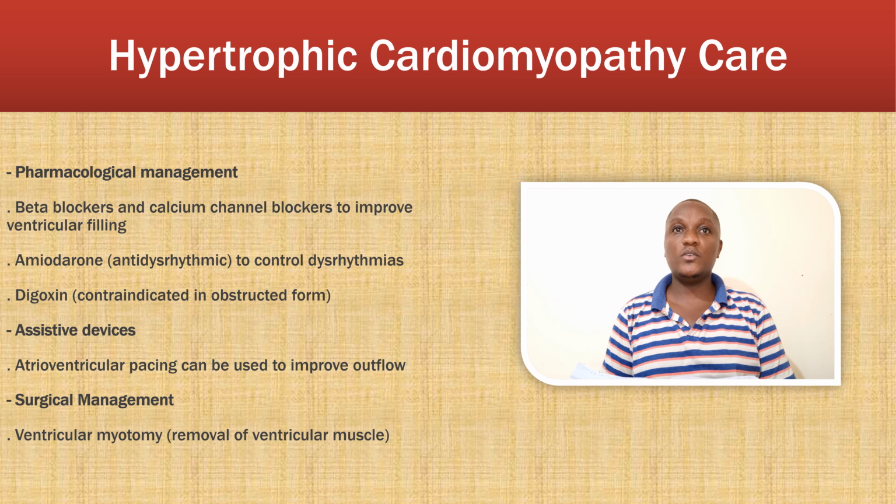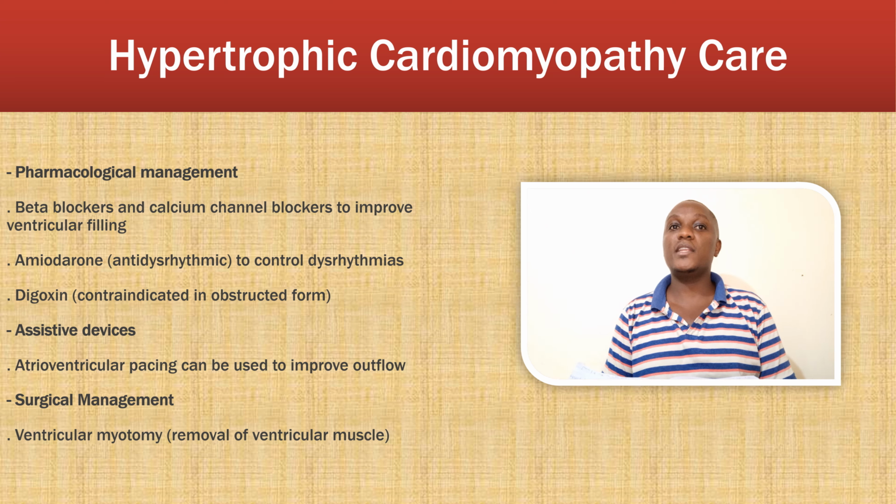For the management of hypertrophic cardiomyopathy, for pharmacological management, we use calcium channel blockers and beta blockers to improve ventricular filling. Amiodarone again is used as an antidysrhythmic agent to control dysrhythmias. We use digoxin. Remember, in hypertrophic cardiomyopathy we have the obstructed and non-obstructed type.